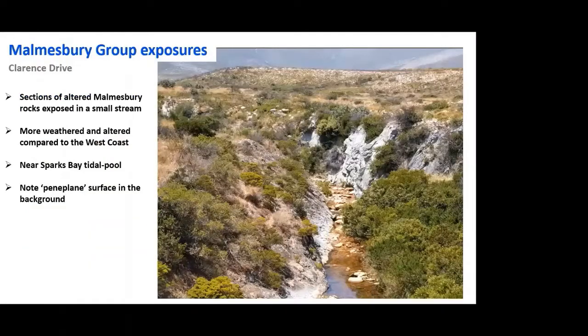On the other side of the road, the Clarence Drive, this is near Sparks Bay, looking at Kleinmond Bay, the actual resorts there. In this stream, these are the Malmesbury series rocks, and here the mountains are set quite a way back from the coast, as opposed to everywhere else along Clarence Drive where they're right next to you.